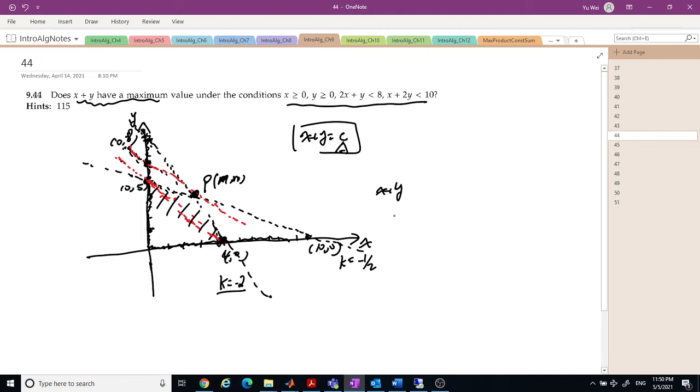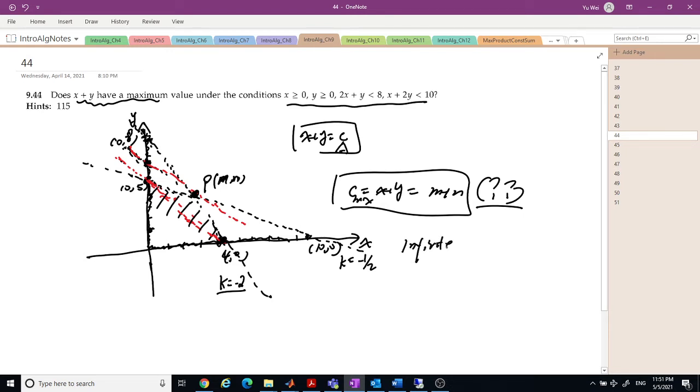So it should be like the C max equal M plus N. But the problem, okay, is this right or not? Let's see. The problem is the P cannot be taken because we are less than that, right? So we should be infinitely close to P, but not on the P. Right?